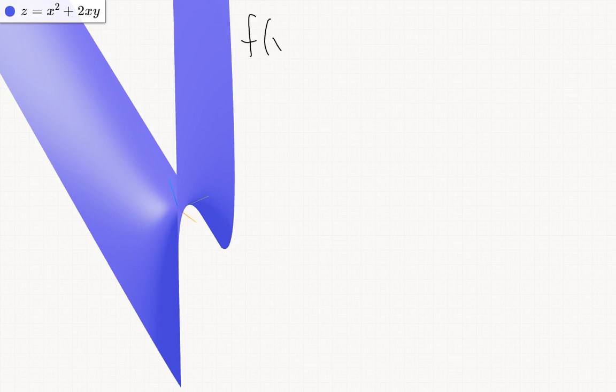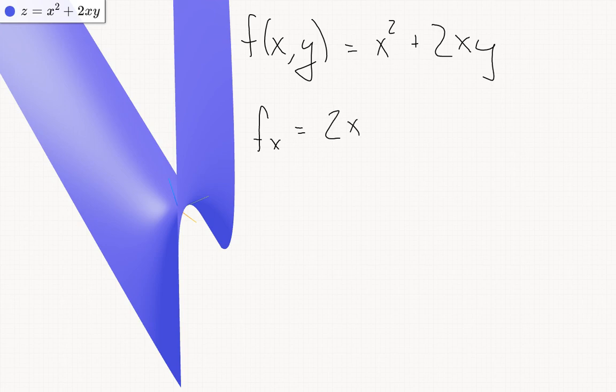So let's consider the function f(x, y) = x squared plus 2xy. So the partials of this are fx = 2x + 2y with respect to x, and fy = 2x.